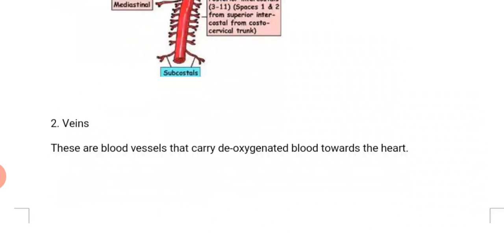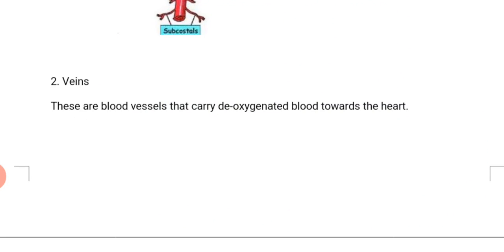Second one is the veins. The veins are the blood vessels that carry the deoxygenated blood towards the heart.